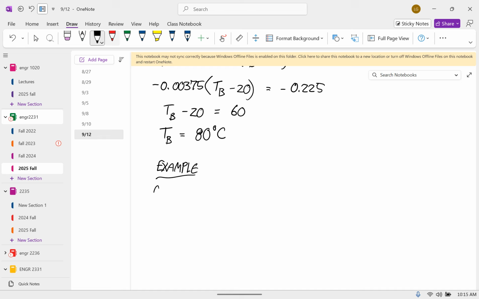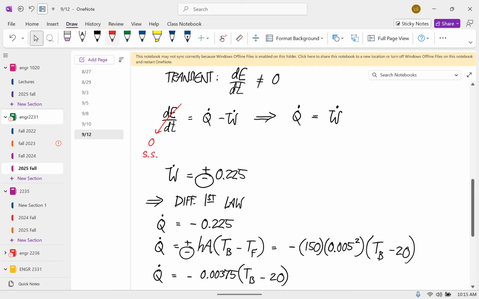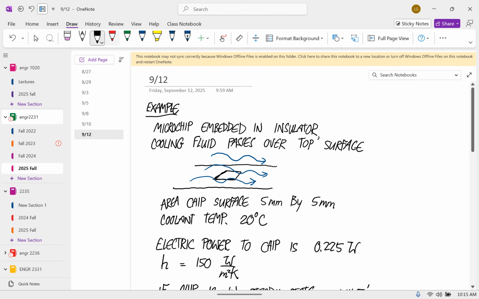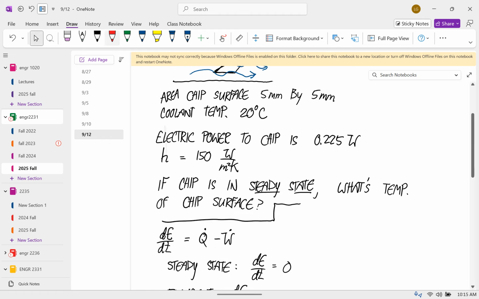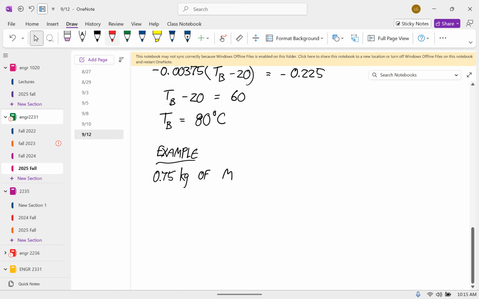So let's say that we have 0.75 kilograms of material. Notice that the example up here is a steady state example. The one we're doing now is a transient example.